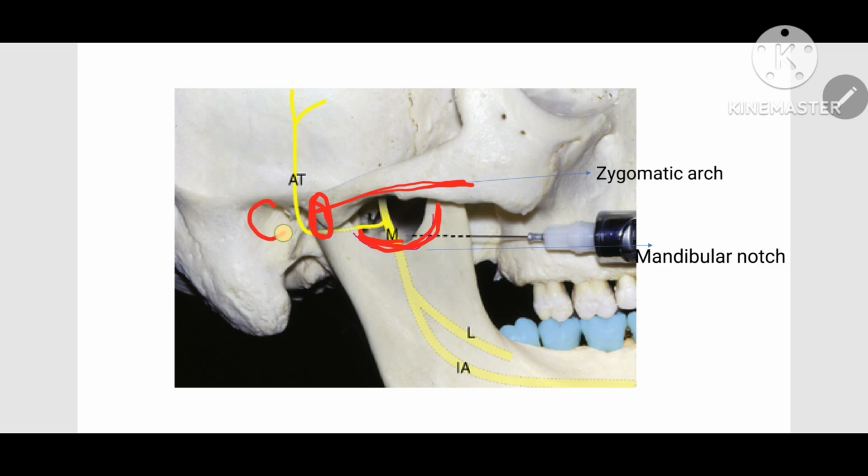This is the external acoustic meatus. So anterior to the tragus, below the zygomatic arch, you will feel a depression which is the mandibular notch, and this area will be our area of interest. Understand? And the patient should be in the supine position.